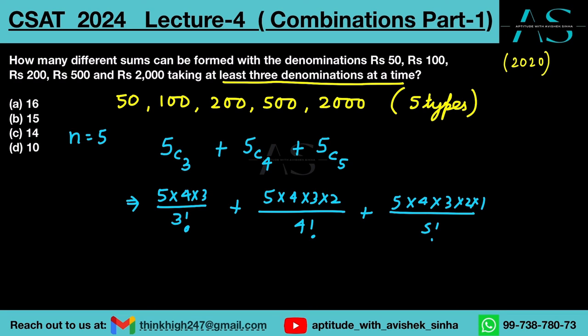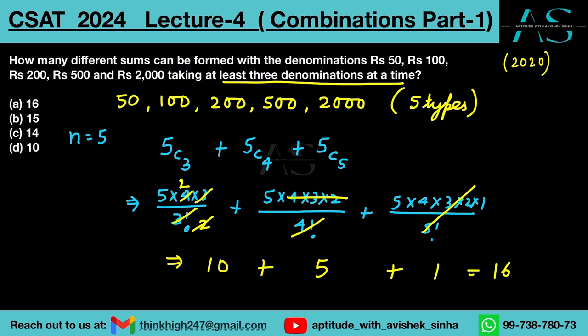Let's break this down. This is simplified as 1. 4 factorial, 4, 3, 2, this is simplified as 5. 3 factorial means 6. So 3 2s are 6, 5 2s are 10. 10 plus 5 plus 1, that is 16.